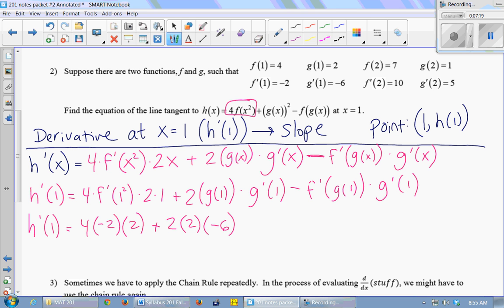Right, so I just did the g prime of 1. And then minus f prime of g of 1. What is g of 1? 2. So instead of g of 1 there, that's 2. Right? And f prime of 2 is 10 times g prime of 1, which is -6.